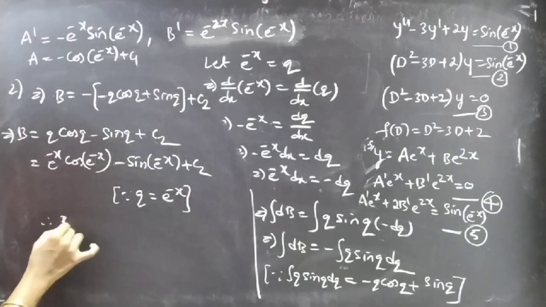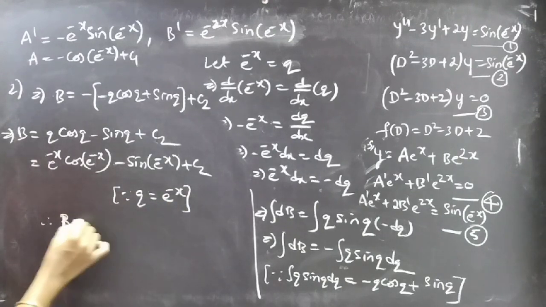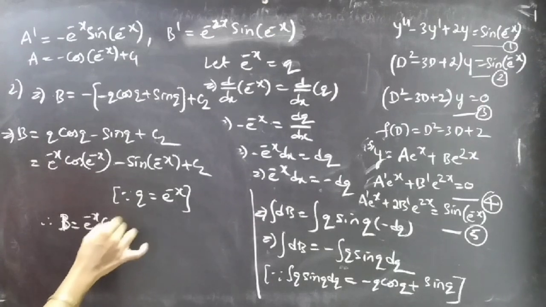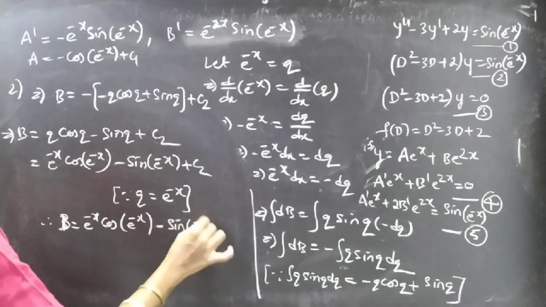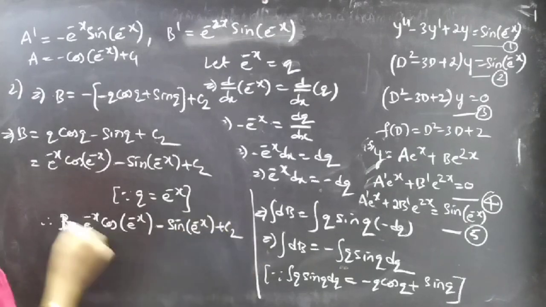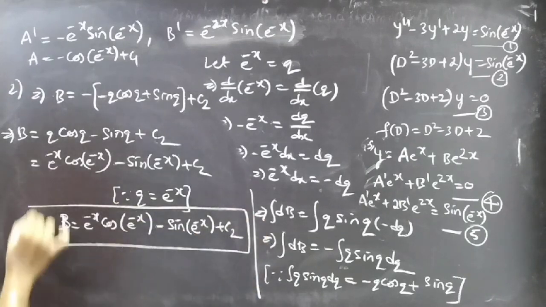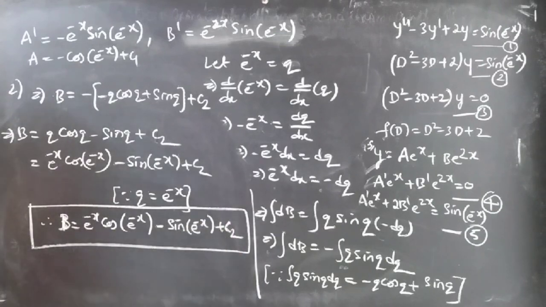Therefore b equal to e power minus x into cos of e power minus x minus sine of e power minus x plus c2, right? So we got a and b.